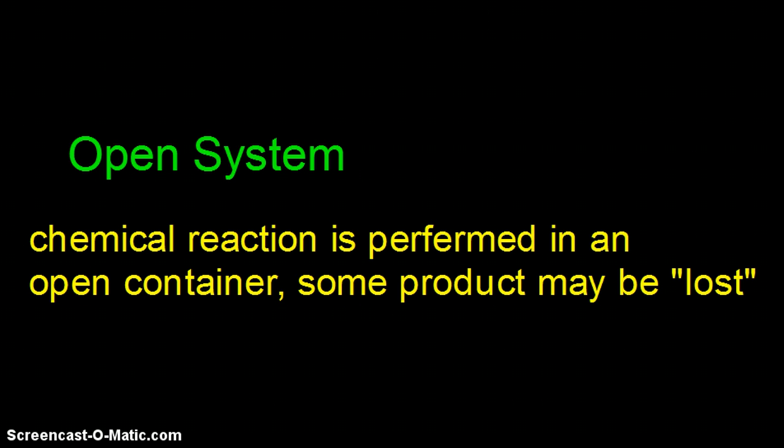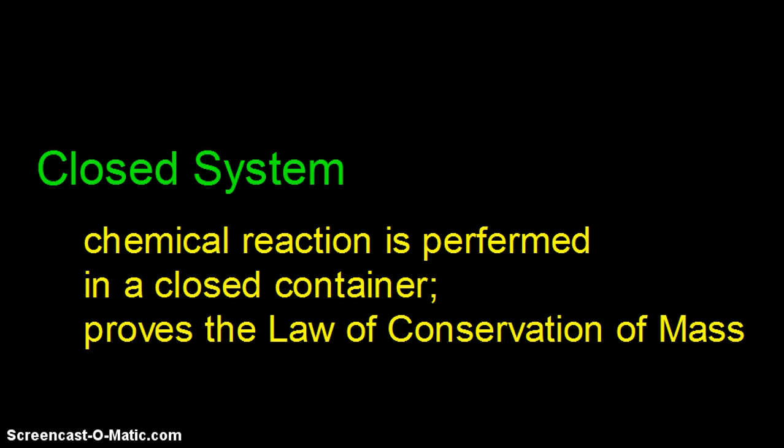And that's the opposite of the closed system, which is your next word. A closed system is a chemical reaction that is performed in a closed container, just like it sounds like. And in this case, because there's a lid, because it's enclosed and nothing can escape, these are the kind of reactions we use to prove the law of conservation of mass.